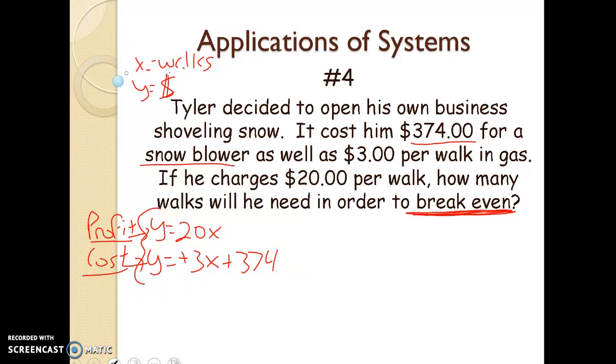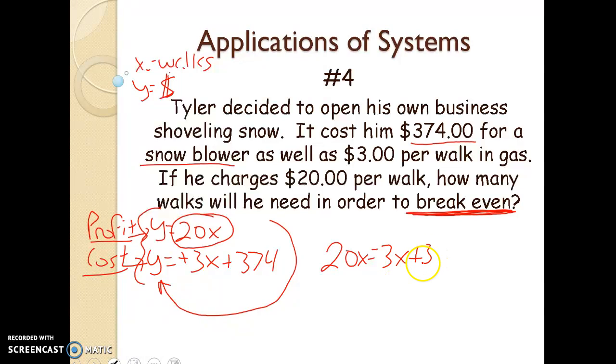Well, this is going to be a really good equation to solve using substitution. If y is equal to 20x, I can substitute that in for this y here, and it's going to look like this: 20x, that's his profit, is going to equal his cost, which is 3x plus 374.